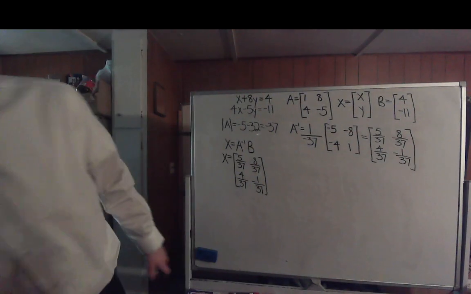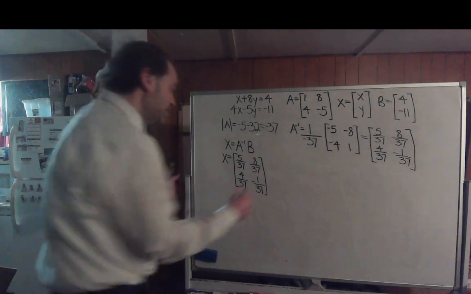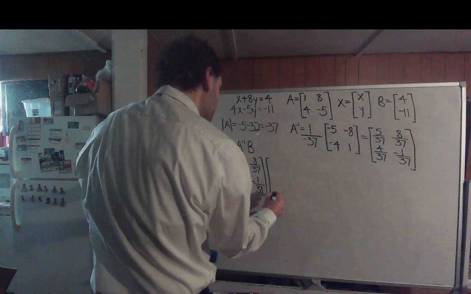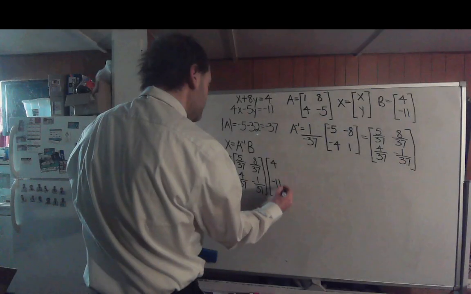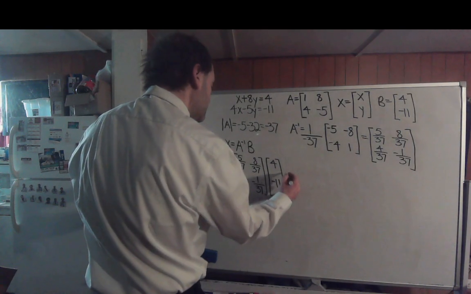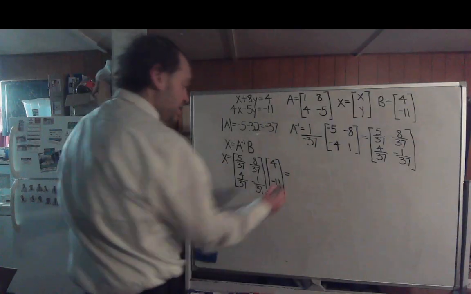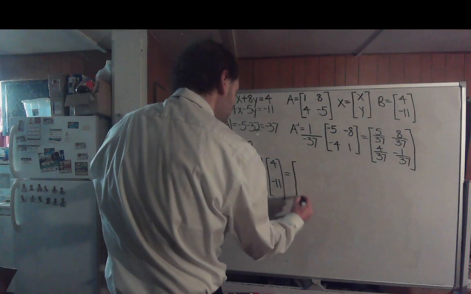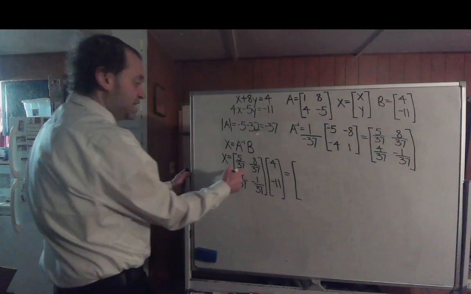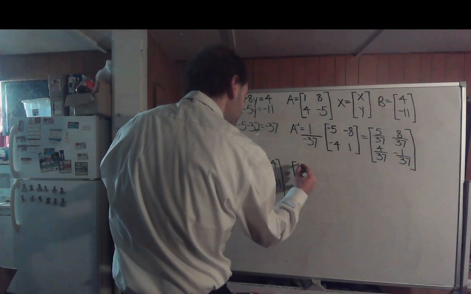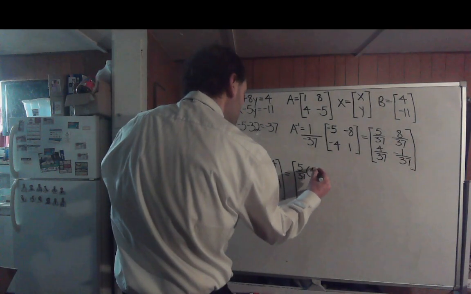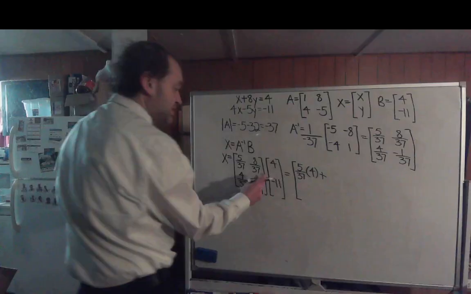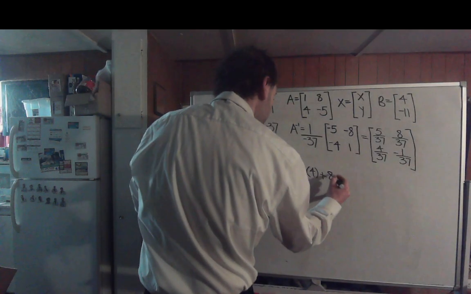Okay, good. And then times the B matrix of 4 and negative 11, which should give you a 2 by 1 matrix to tell you what X is equal to. So you'll take 5/37 times 4 plus the 8/37 times negative 11.